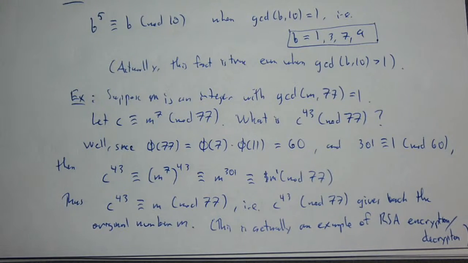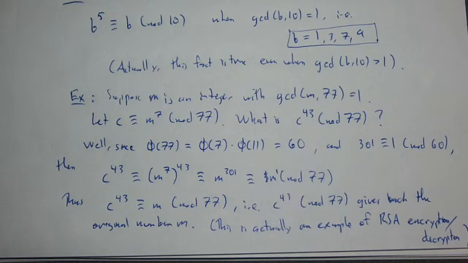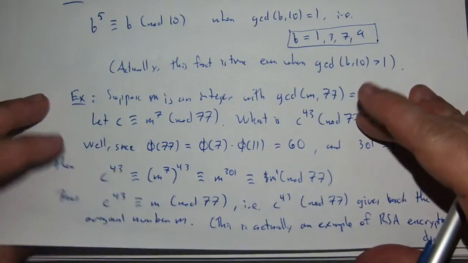Of course, it doesn't make sense yet in this context because the actual algorithm I'm using to encrypt doesn't really make sense, but the fact that this is reversible from having an integer m that is relatively prime to, say, 77 here, you will see where this comes in. The fact that C to the 43 gives back or recovers the m that you started with in this process is a key fact about RSA encryption. As I said, we'll get to that by the end of class today.